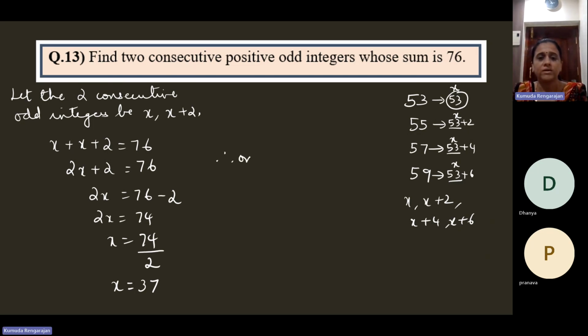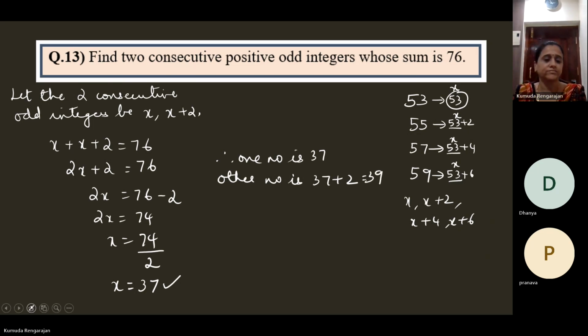Therefore, one number is 37. The other number is 37 plus 2, because x is one number, that is 37, and x plus 2 is the other number. So 37 plus 2, 39.